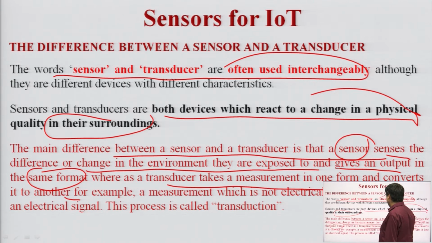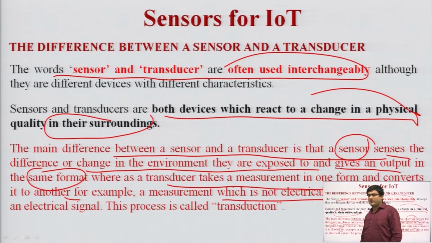For example, a measurement which is not electrical is converted into an electrical signal. So, basically sensors convert a physical signal into, we can say, electrical voltage or current, keeping the same format, but a transducer converts one form of signal into another, different format.